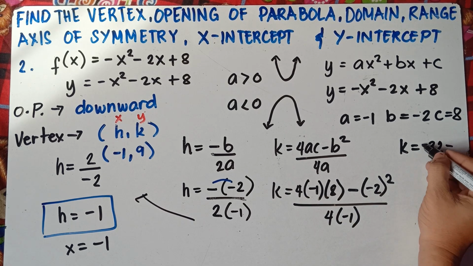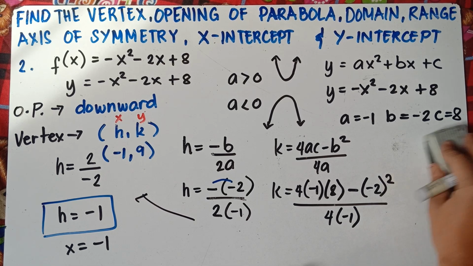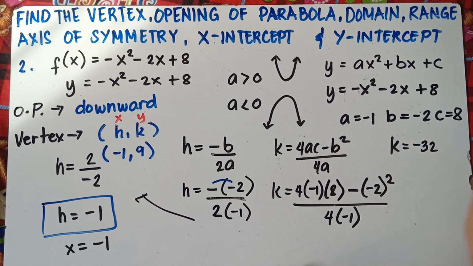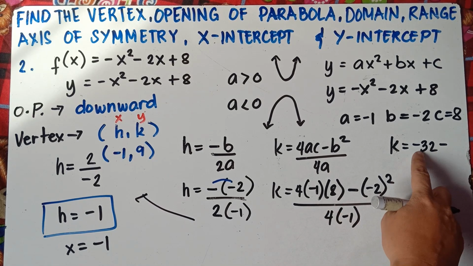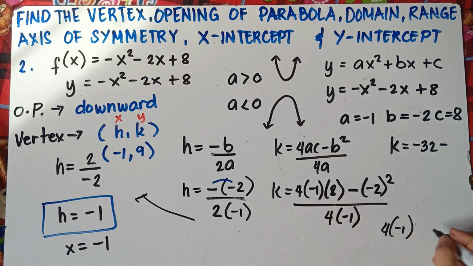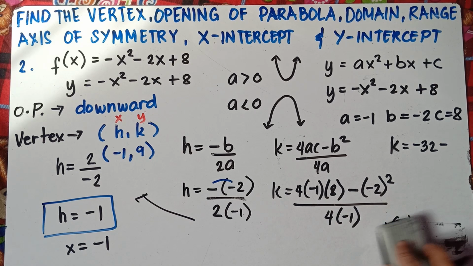Once again, class, do not forget, this is k equals negative 32, then copy the minus sign. Where did I get negative 32? 4 times negative 1, that's negative 4, times 8. Negative times positive is negative, then 4 times 8 is 32. So that's why we have negative 32.